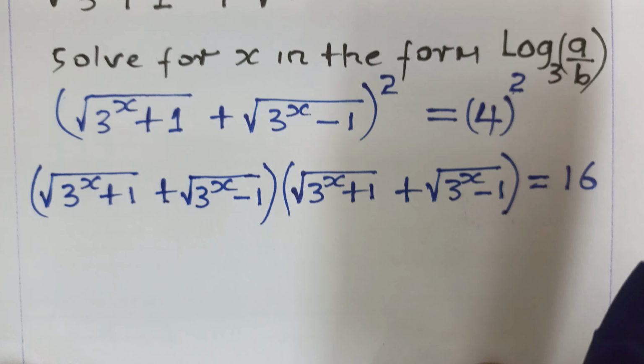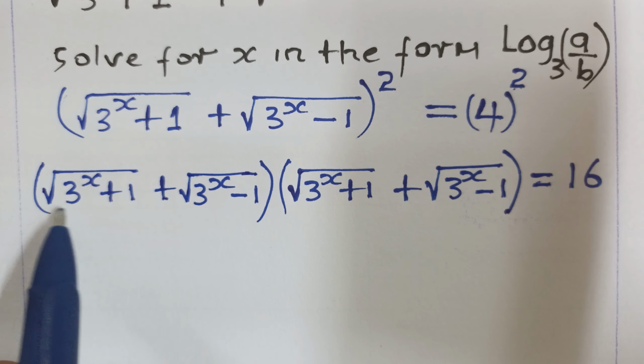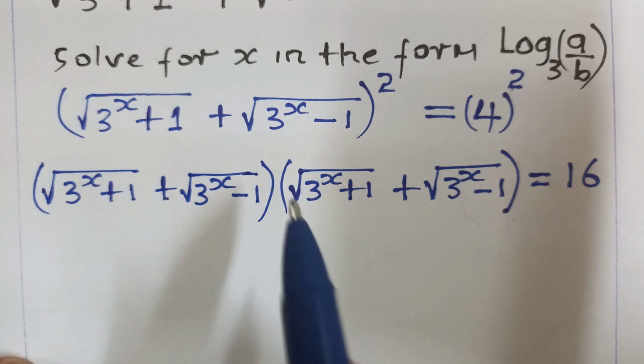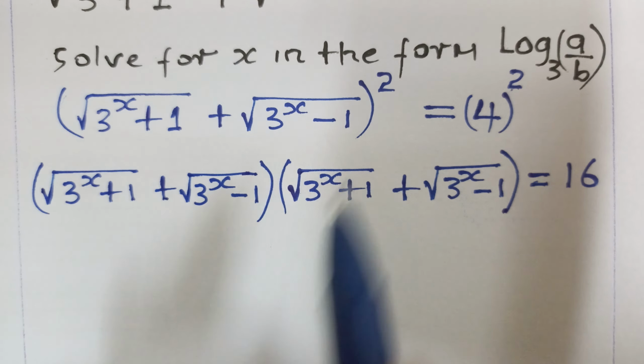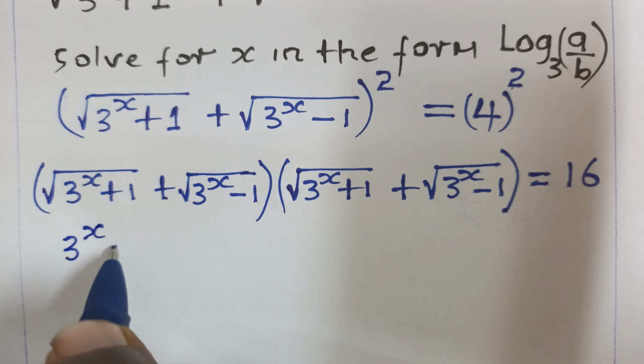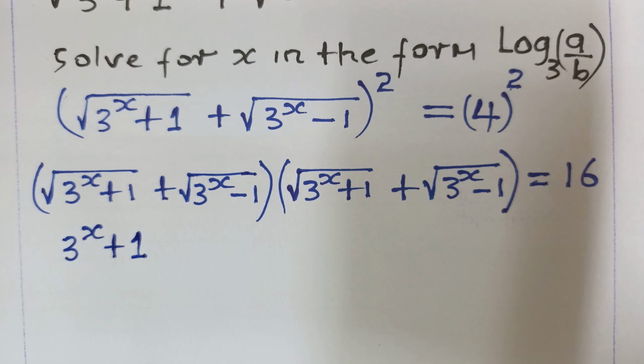Now we come to multiply these two terms. When we multiply the first term, the square root of 3^x plus 1, by itself, we shall have 3^x plus 1. It's only the square root which is removed.